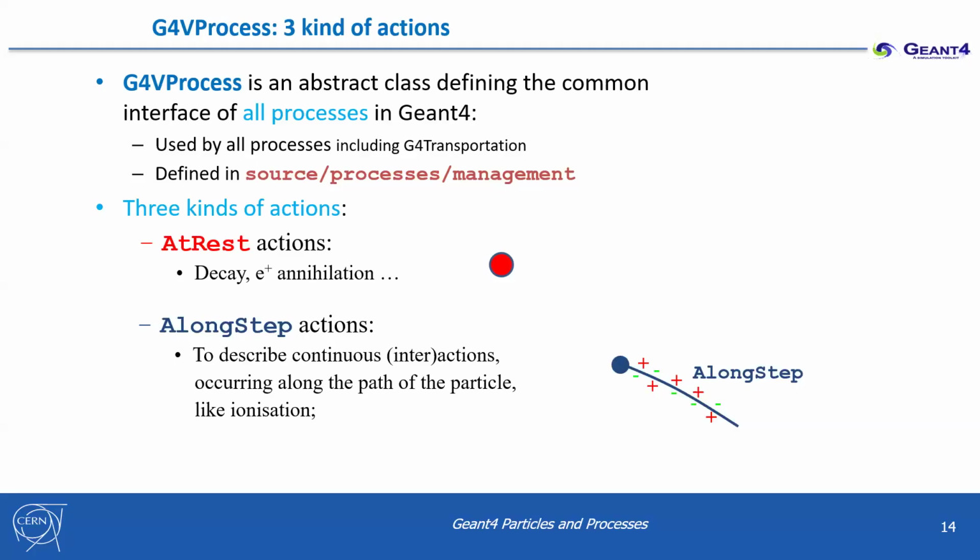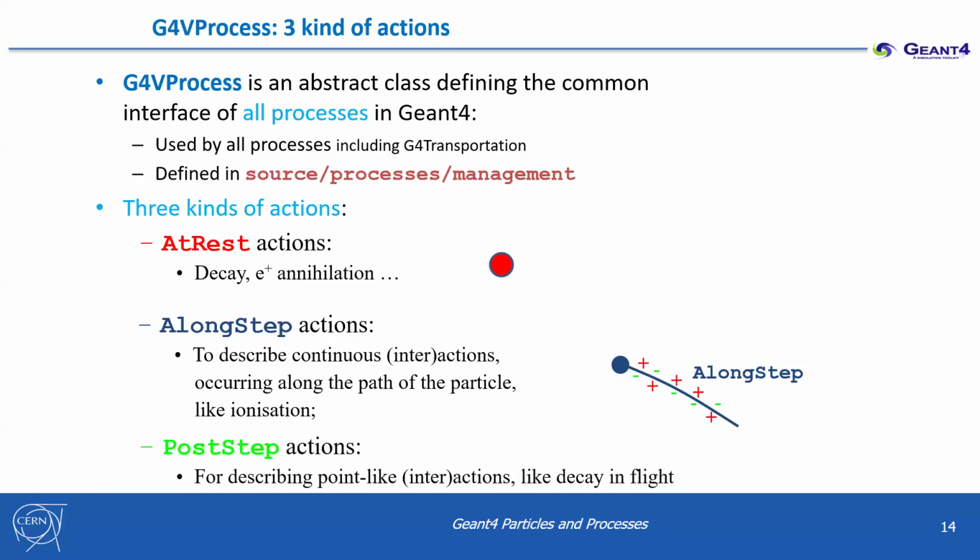But there is another type of action, AlongStep. During the step, there may be interactions. For example, low energy particles are produced due to ionization, or Cherenkov may produce Cherenkov radiation, or whatever. All these secondary particles are produced AlongStep. But there is also the PostStep possibility.